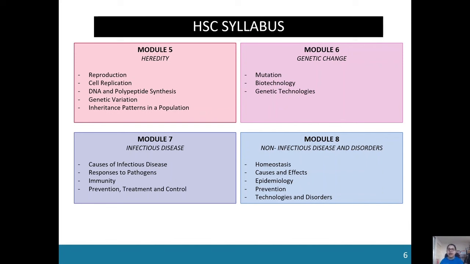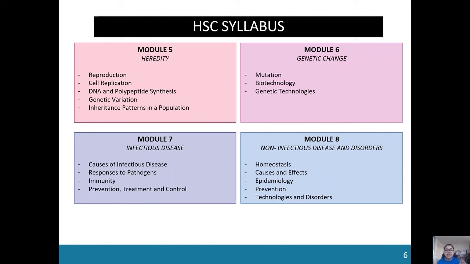Okay, so back to module 5. Module 5, heredity, we are looking firstly at reproduction. The key question is, how does reproduction ensure the continuation of a species? So you have to look at different types of reproduction and different types of fertilization, and we want to know examples across different organisms as well.